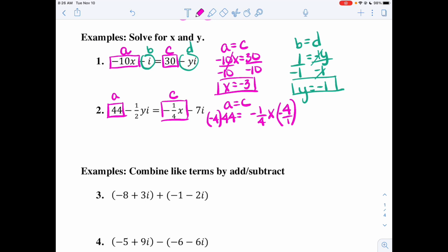All right, if I have a negative 1/4 and a negative 4 over 1, those cancel. I'm left with x on the right-hand side. And then over here on the left-hand side, negative 4 times 44 is negative 176. Writing this in the more traditional way of our variable x first, I can say that x is equal to negative 176. Now let's look at the imaginary parts.